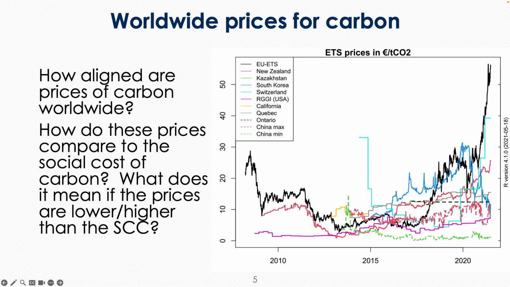Right. And does anyone remember what we were talking about for the most recent reasonable estimates of the social cost of carbon? Yeah, like $180 to $200 a ton. So these are still substantially lower, right?